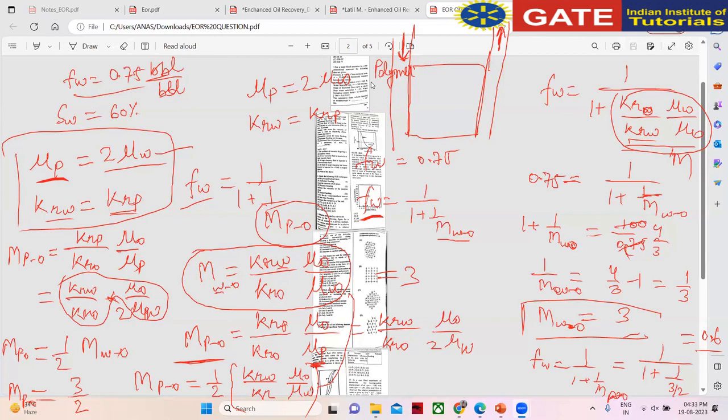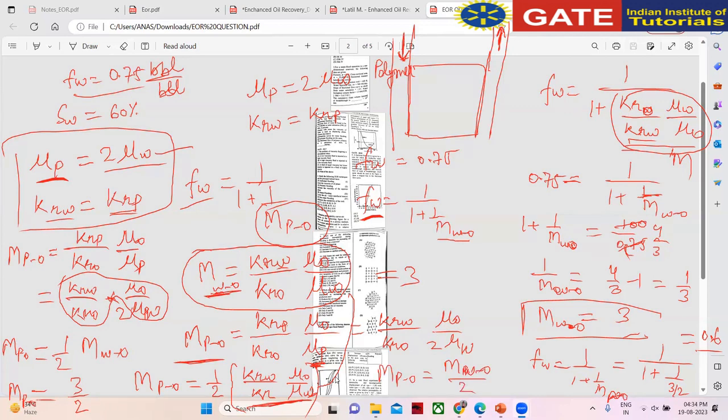You got that point? So replace this value with MOW, so MPO is equal to MWO divided by 2.